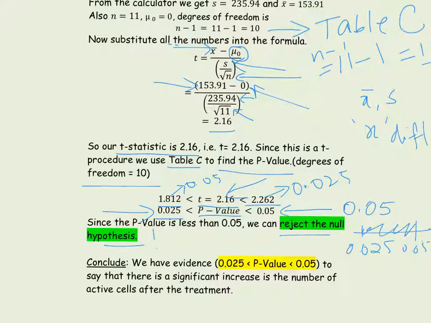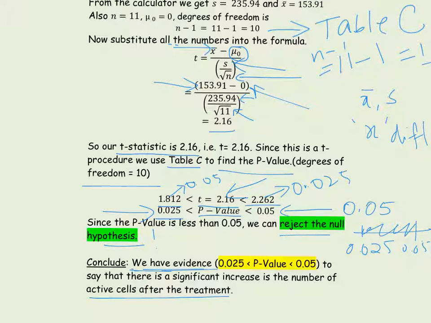So now we have to write down our formal conclusion in simple language. It all depends on what your statement of the problem was. So our statement said we need to find evidence that the new treatment significantly increases the number of active cells after the treatment. So here is how we write down our final statement.